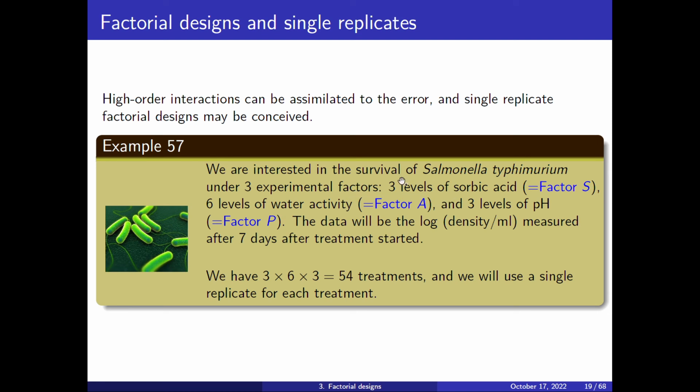We have 3 levels of sorbic acid, 6 levels of water activity and 3 levels of pH, and the data will be the logarithm of the density measured 7 days after the treatment. So we have 3 times 6 times 3 combinations, that is 54 treatments, and we will use a single replicate for each one of them.